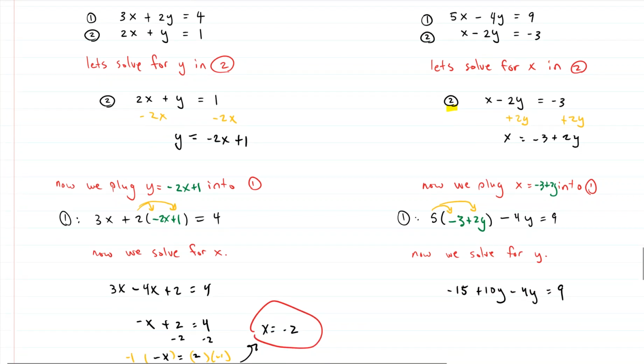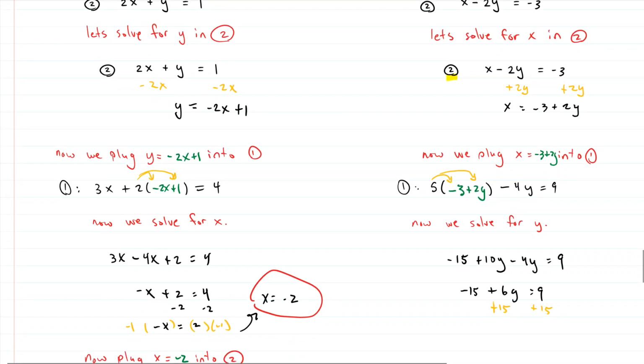The 10y and the negative 4y give us 6y equals 9. Let's add 15 to both sides. What does that give us? Getting close here. 6y equals 24.